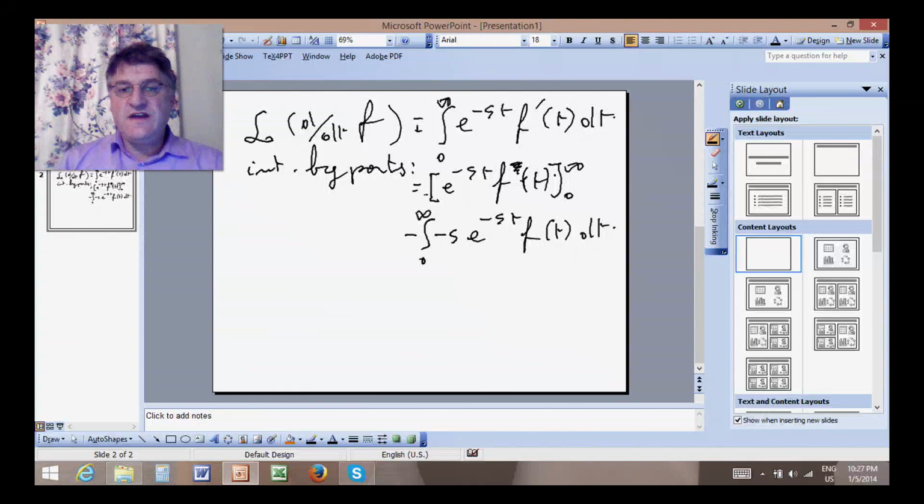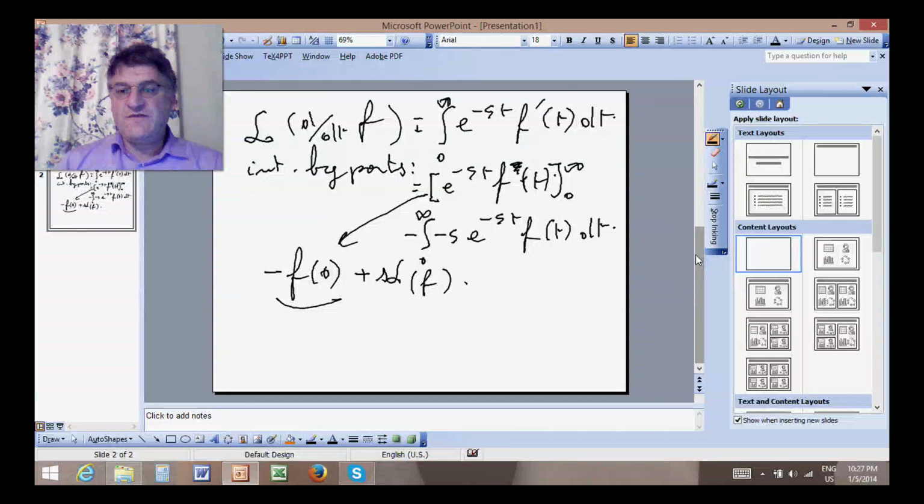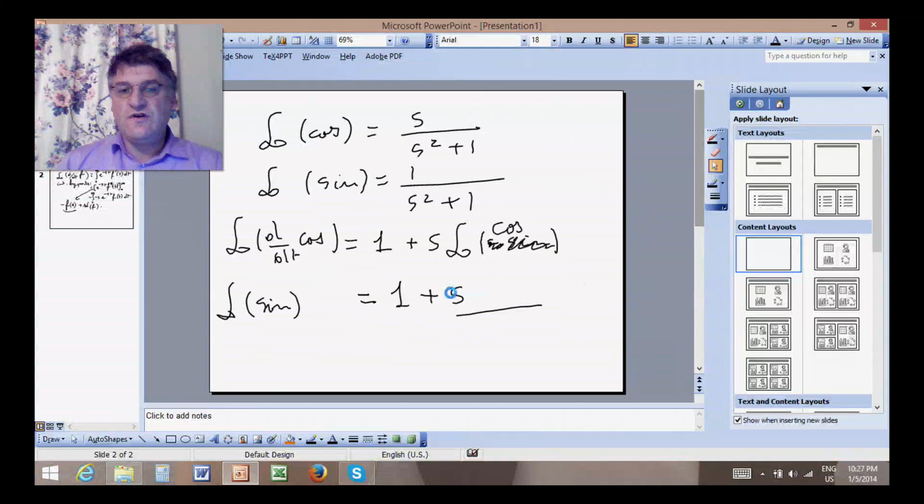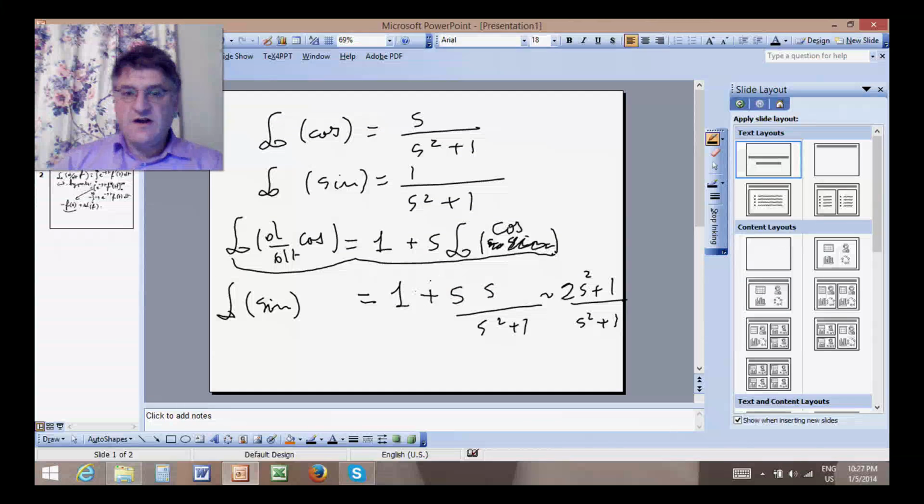And so the error comes from here. This term is equal to minus f of 0, and this term being plus s times the Laplace transform of f. Therefore, this minus f of 0 is what led us into some problem. If we go back to this definition of the Laplace transform of d dt of cosine using what we have just said, this becomes minus cosine of 0, which is minus 1.